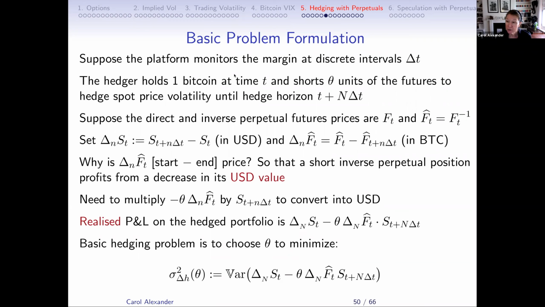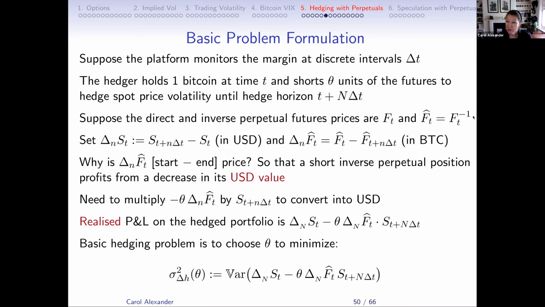So whereas an ordinary, like the CME futures, the value of it's 1 Bitcoin denominated in USD, these futures, the inverse futures at least, are like $1 denominated in Bitcoin. Okay, so I'm going to denote those prices FT and F hat T.